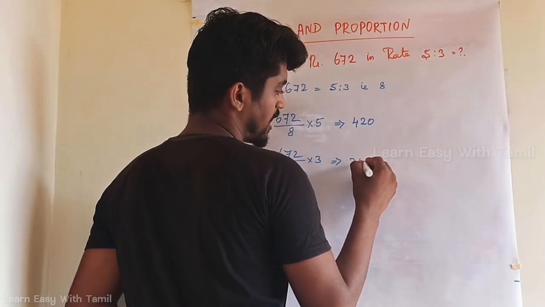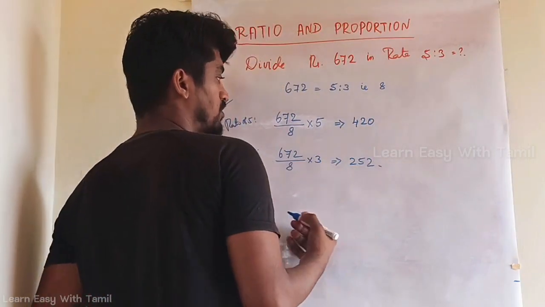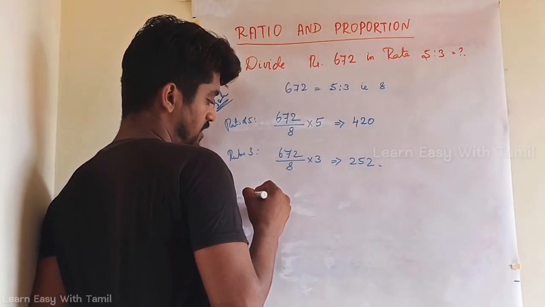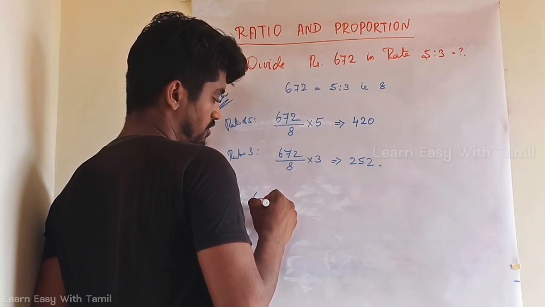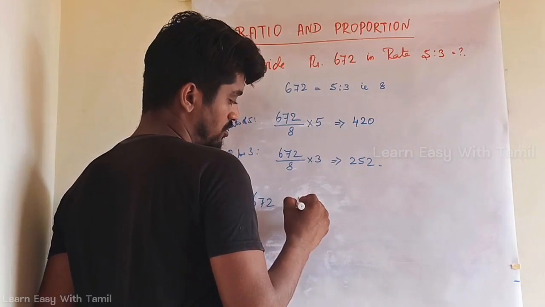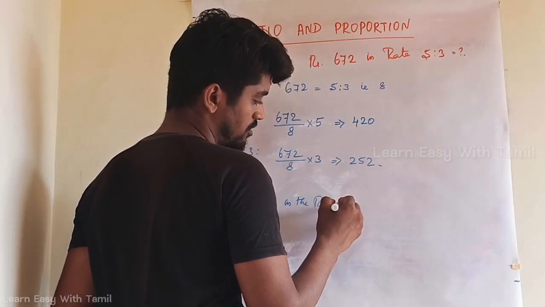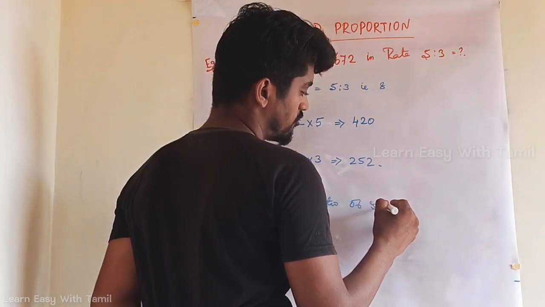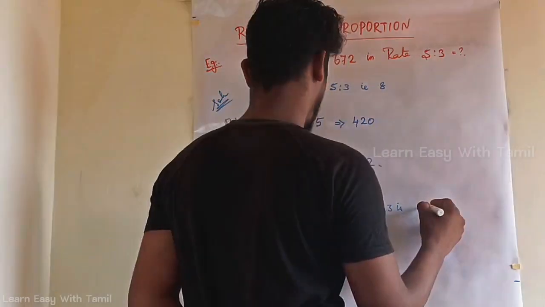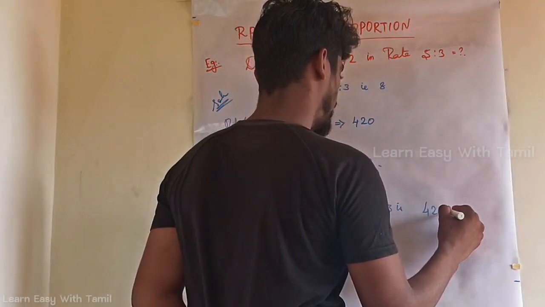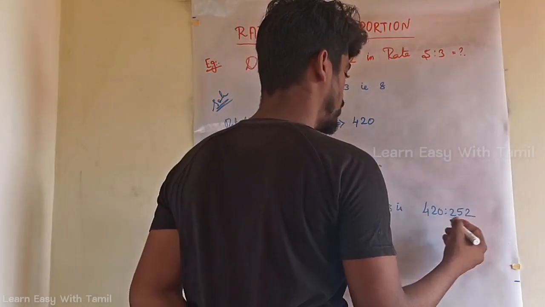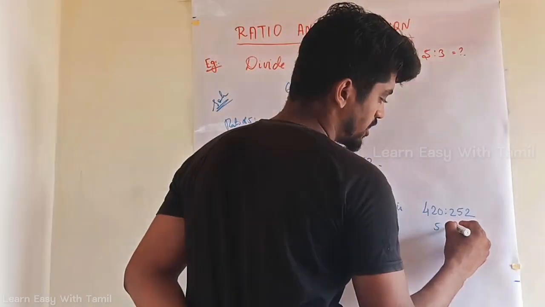We get the value 252. Hence, the divided value of 672 in the ratio of 5:3 is 420 is to 252, which is in the ratio of 5:3.